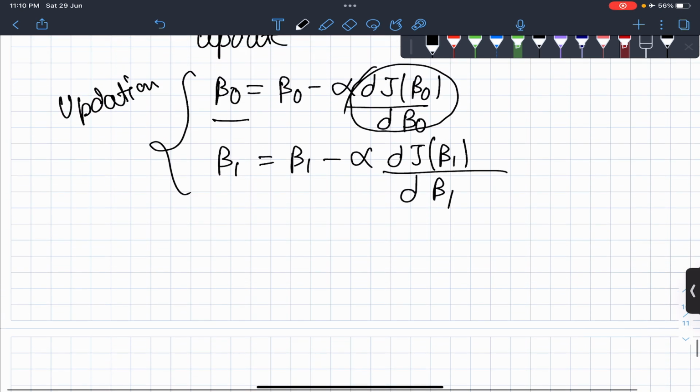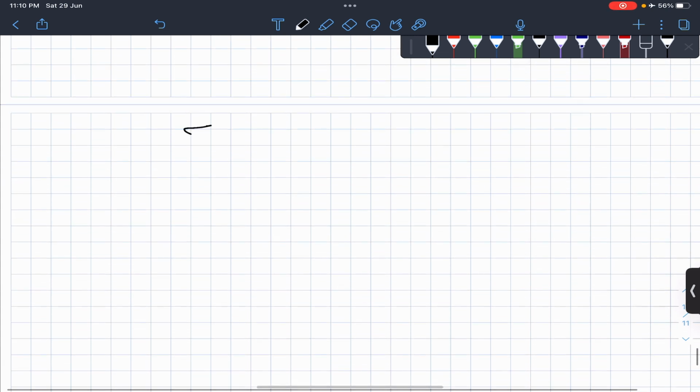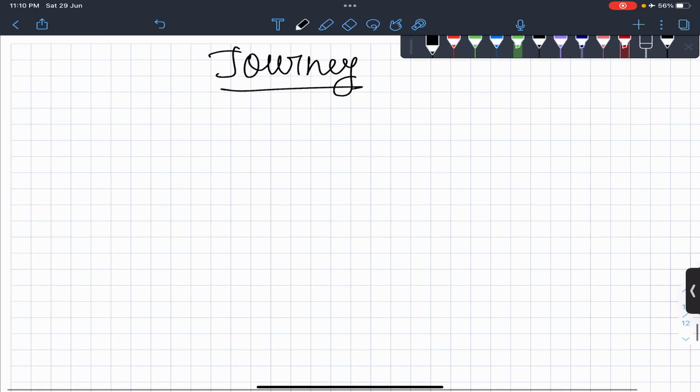Now let's get into what is happening behind this. So we are in the journey. Let's understand for only a single beta; you would understand for both.